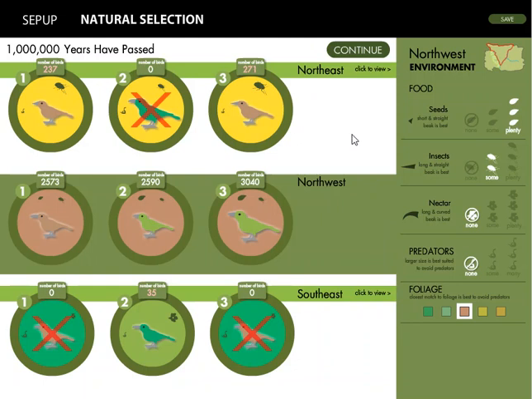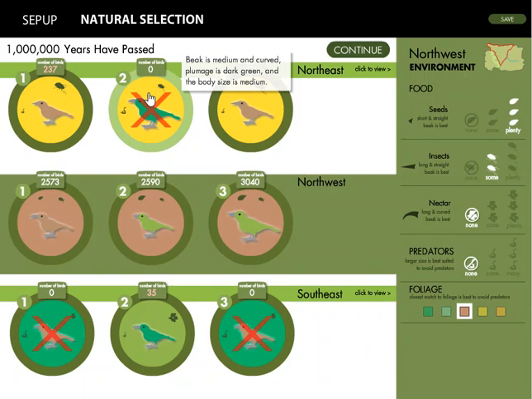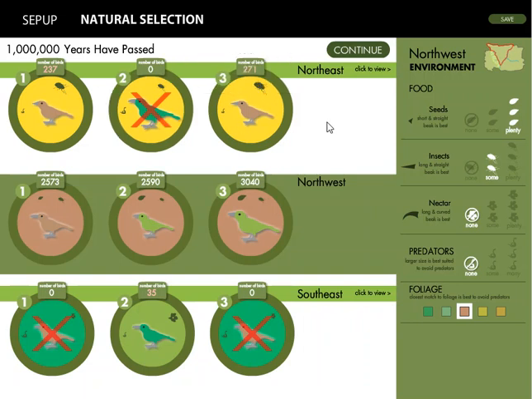Okay, and so what we see from here is, as we predicted, without any nectar sources, the curved beak and the brightly colored sticking out has eliminated this second population of birds in our arid habitat. The Northwest numbers are still thriving. That must be where the best habitat for these types of birds is.